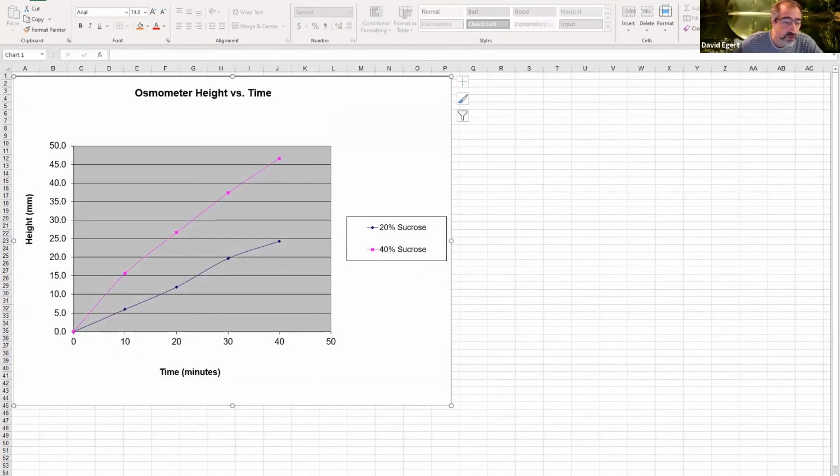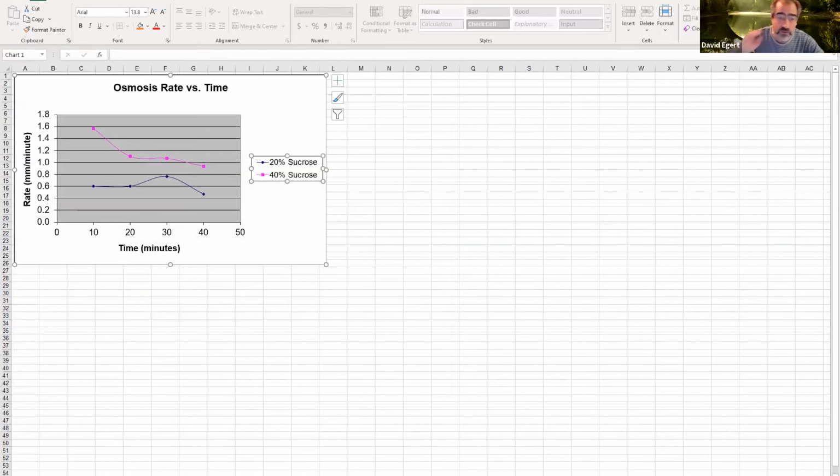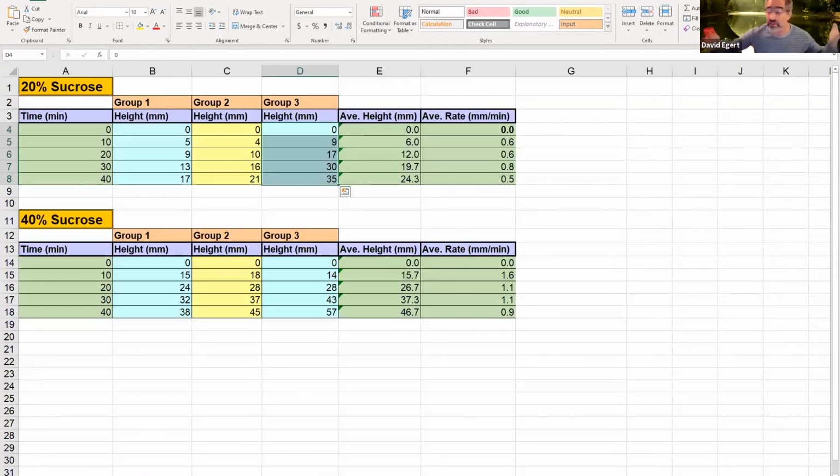We have the height versus time and the rate versus time, and you'll discuss what happened and whether it supports your hypothesis or not, and that's the osmometer part of the lab. Are there any questions about that?